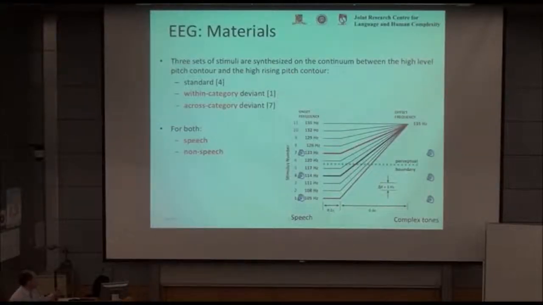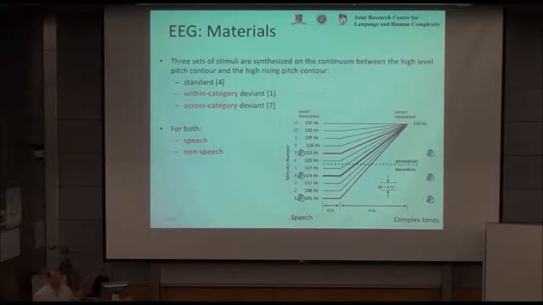So the change between number 1 and number 4 is a within category change, right? Acoustically they're different, but phonologically they are both level tone. And we choose another stimulus, number 7. The step from number 4 to number 7 is 3 steps, right?